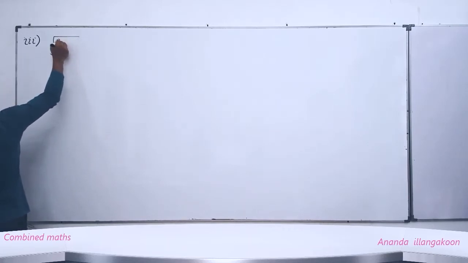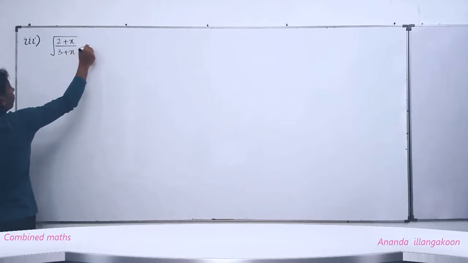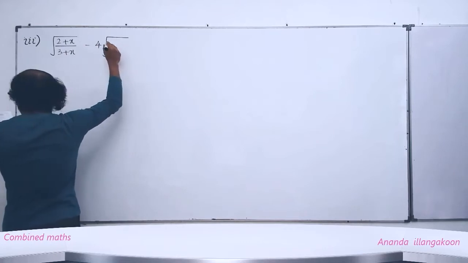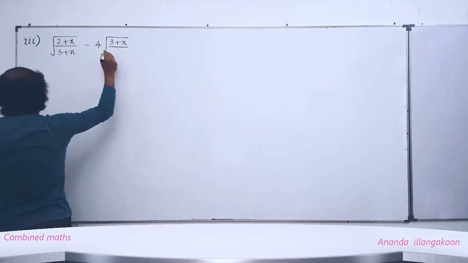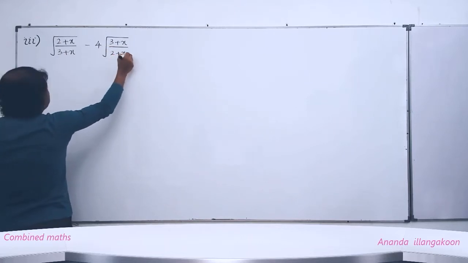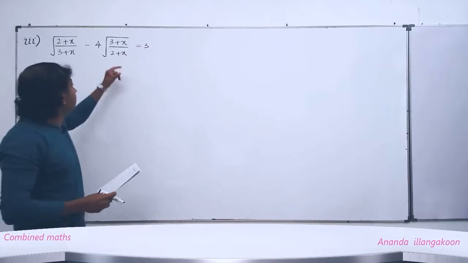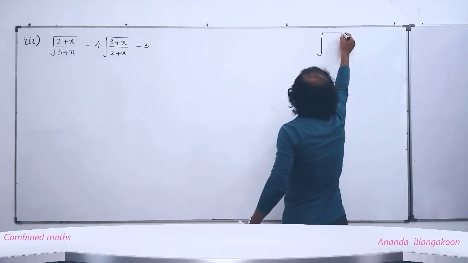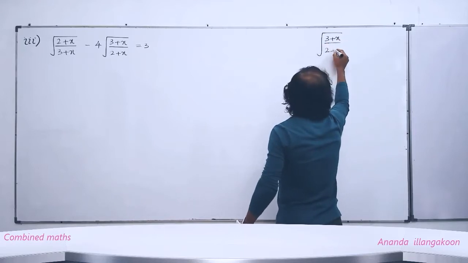It is (2 + x)/(3 + 6) minus 4 times (3 + x)/(2 + 6) equals 3, equal to the square root of (3 + 6)/(2 + 6).